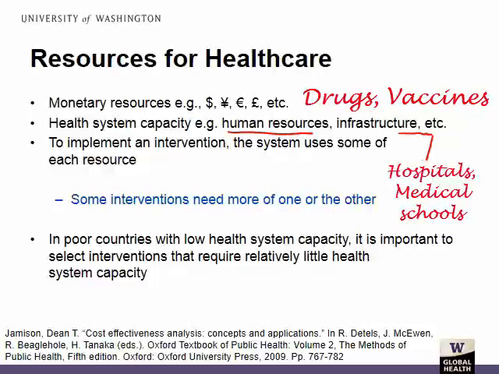And healthcare interventions usually need more of one or the other of monetary resources and health system capacity. So if you're working in a poor country, it makes sense that you would choose interventions that require relatively little health system capacity, because you might not be able to build this up in a short time.